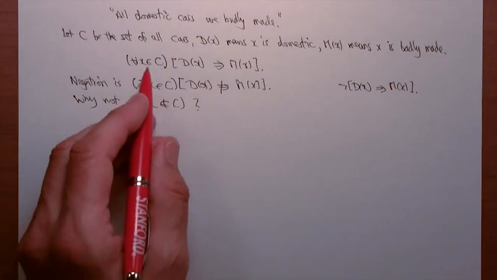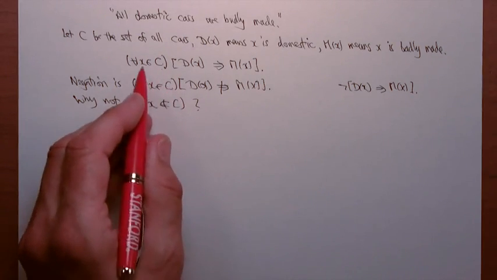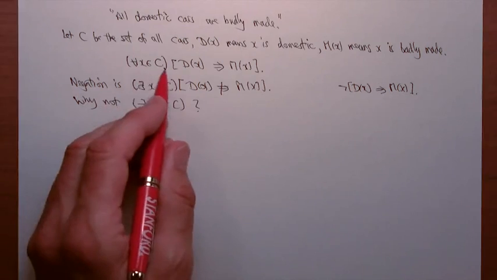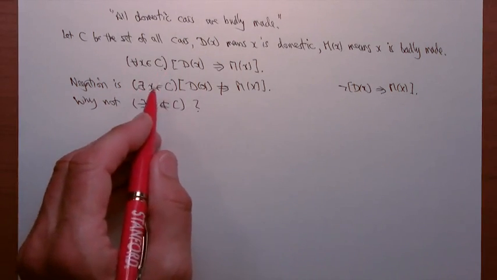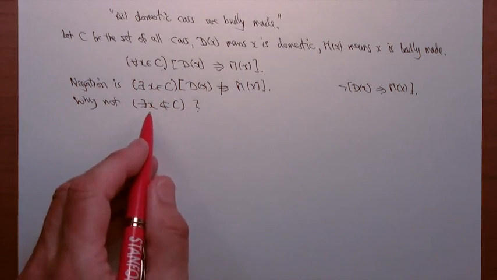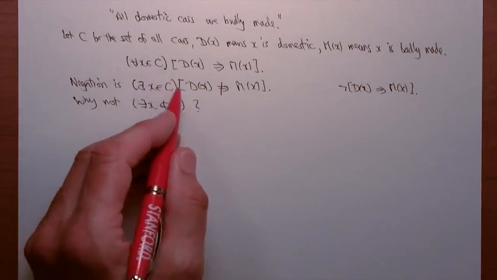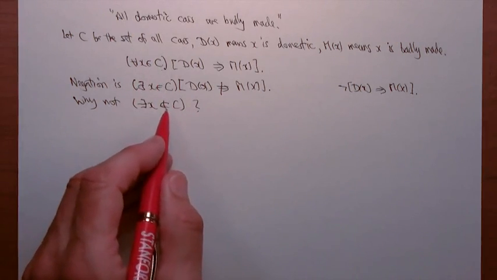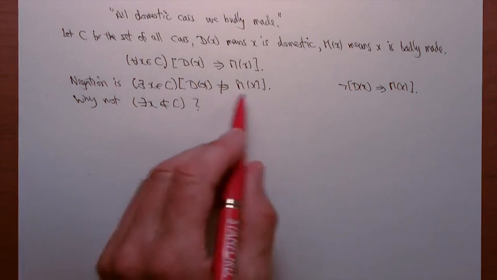In this case, it's talking about x's which are in C. The only x's we're interested in are x's which are in C. In other words, the only objects we're interested in are cars. But if the only objects we're interested in are cars, the negation will only be talking about cars. So the in C part simply tells us which kinds of objects we're dealing with, and we don't negate that. Okay, now let's look at this part.